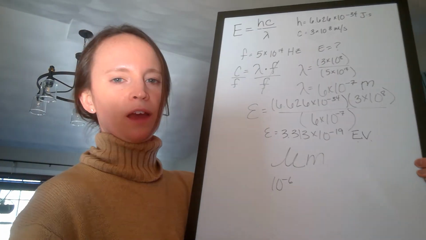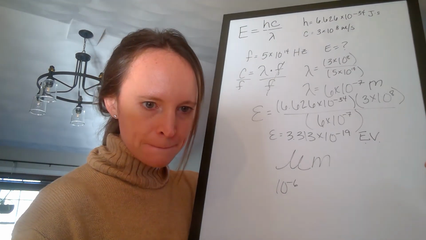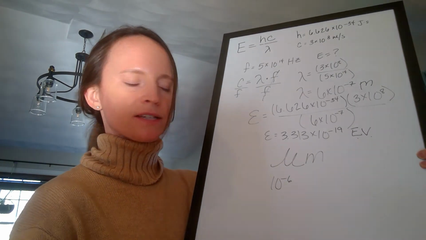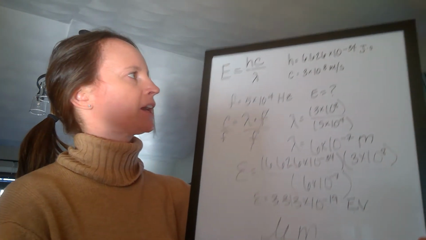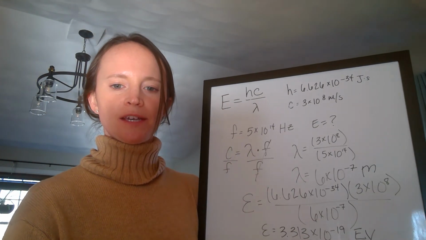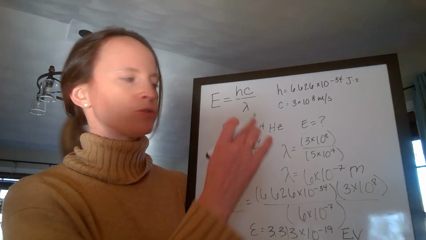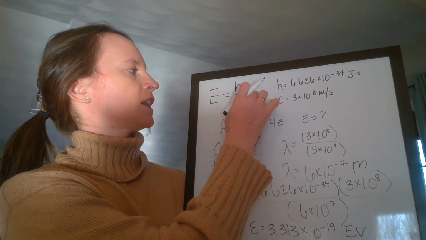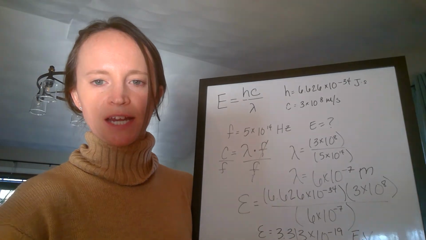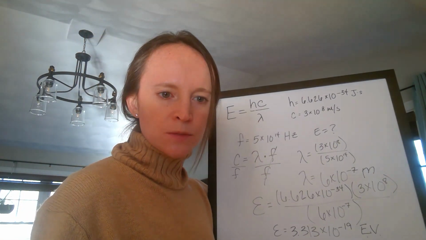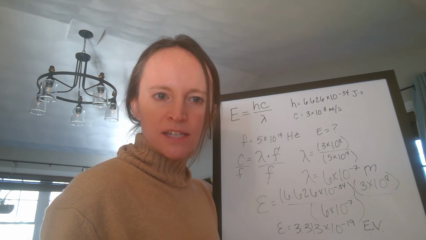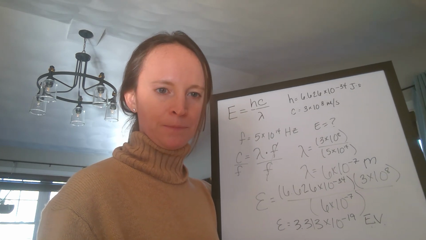So I think it's 3.3 times 10 to the negative 6th is the wavelength that they give you. So you're going to plug in H times C, those two given values, divided by 3.3 times 10 to the negative 6th. And the answer comes out to be 6.02 times 10 to the negative 20th.